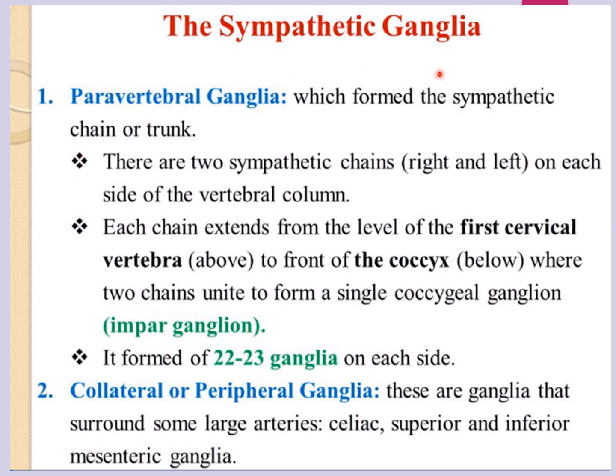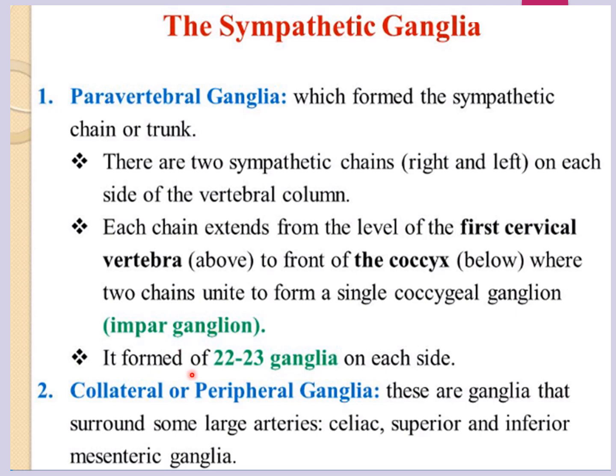So remember students that in the cervical region we have three sympathetic ganglia on either side of the vertebral column. Then in the thorax, on either side, we have a number of ganglia. Then they are also present in the lumbar region and in the sacral region. Ultimately, both the right and left sympathetic chain ganglia unite and form the ganglion impar.